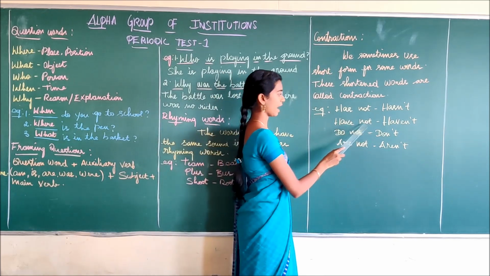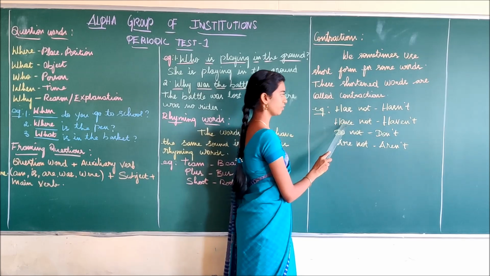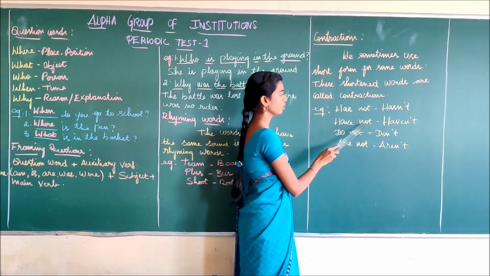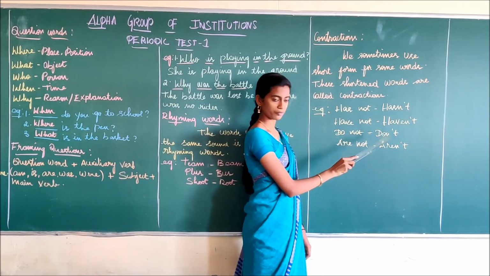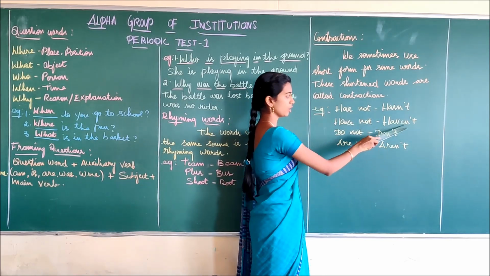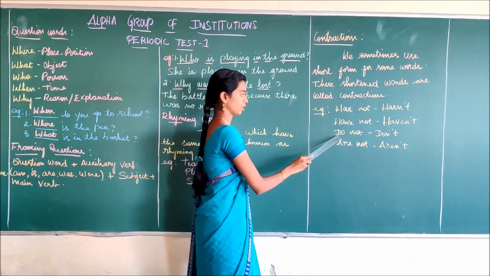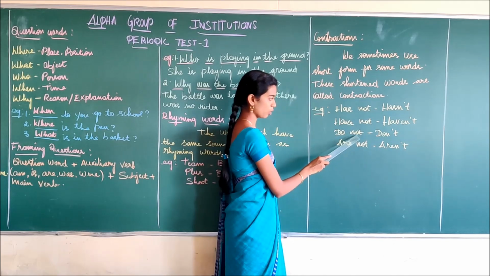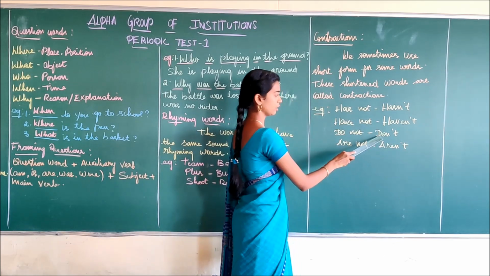See the next one: have not. We have written haven't. We have removed the O and added the apostrophe and the T. Now it is in the short form. Next, do not: D-O, do, N. We have removed the O and added the apostrophe and T: don't.